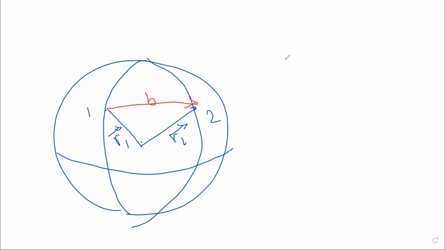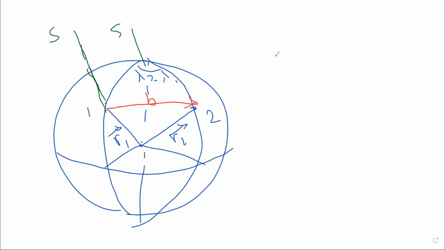So then if I just consider that, then I have lambda 1, lambda 2, and phi. These are the things that we all know. And the signal comes from the quasar from this direction. And this is the pole.